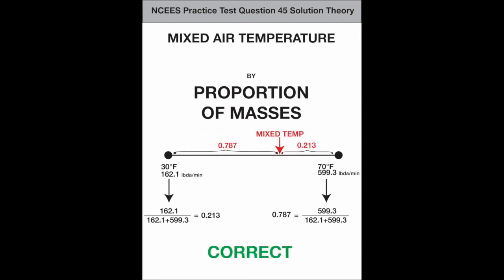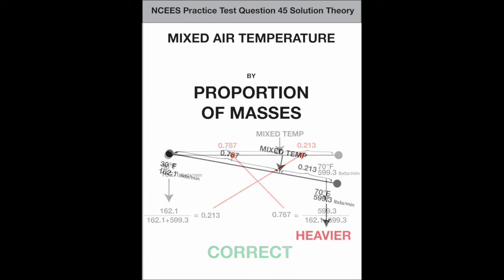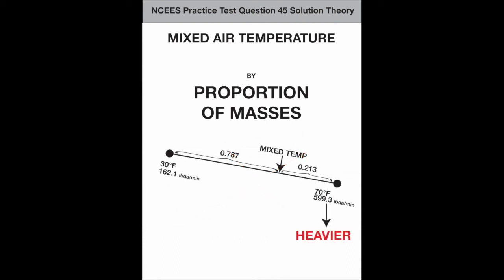Take a moment to internalize this as critical thought. They may seem backward. Think of it like the weight of the mass of the 70-degree airstream is pulling down. It's a bigger mass, so the temperature which needs to lie between the two airstreams should be closer to 70 degrees than to 30 degrees.